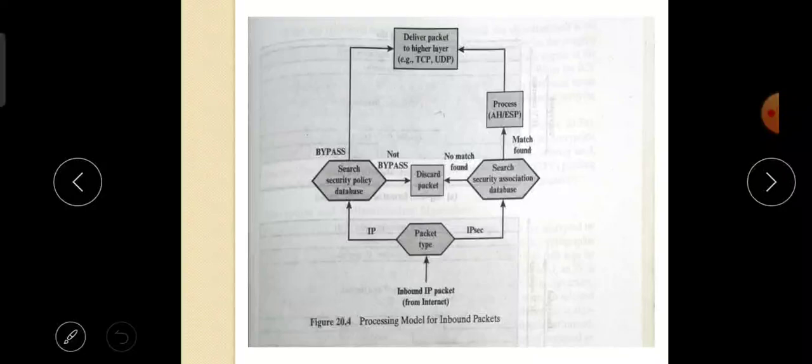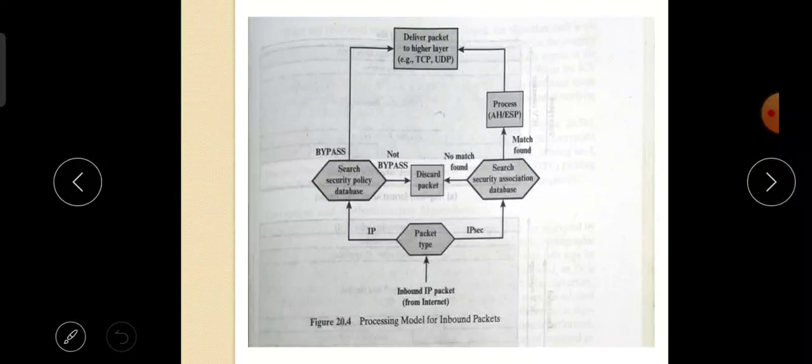In case of a secured packet, IP security searches the SAD for a matching entry. If no match is found, we discard the packet, and if a match is found, we apply the appropriate ESP or AH processing.